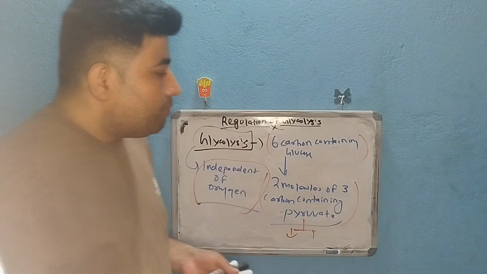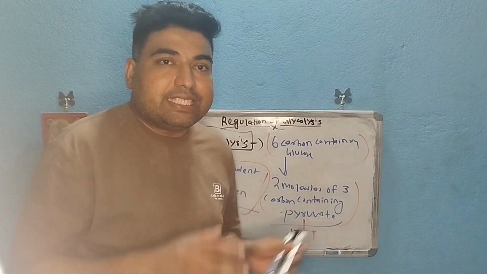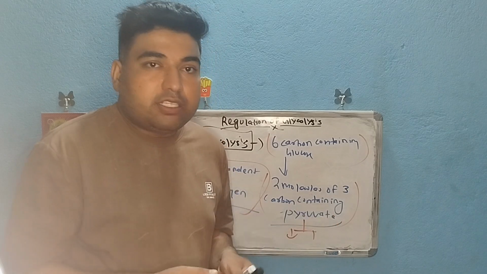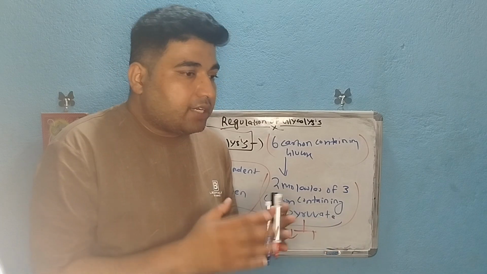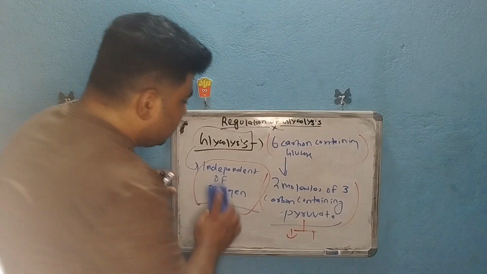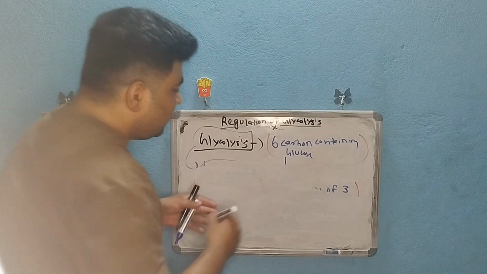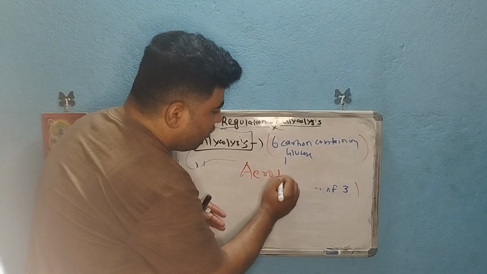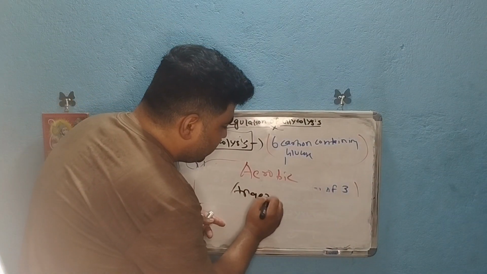Only after the pyruvate is formed, the fate of pyruvate is decided by the availability or unavailability of oxygen. There are two different respirations which we know, aerobic respiration and anaerobic respiration.